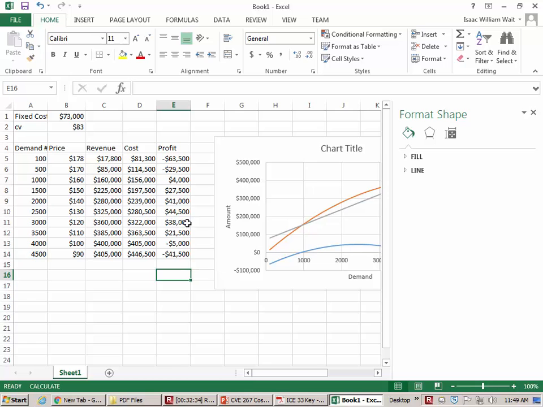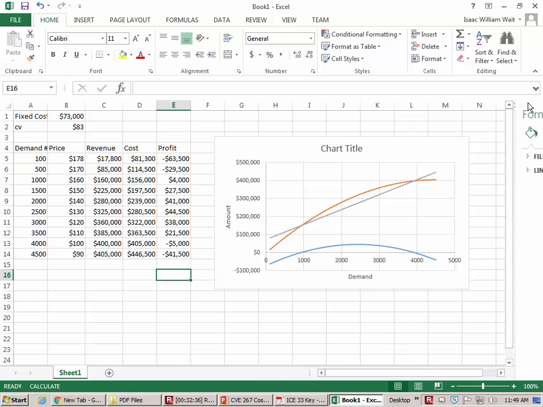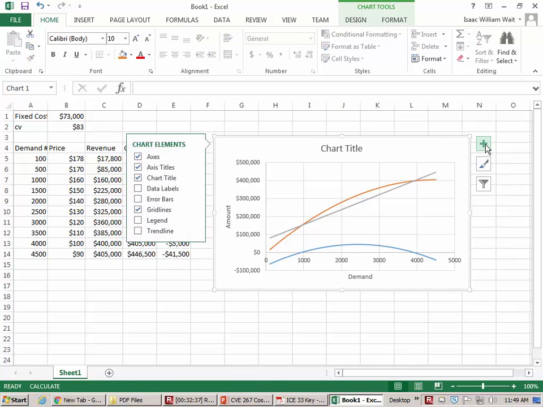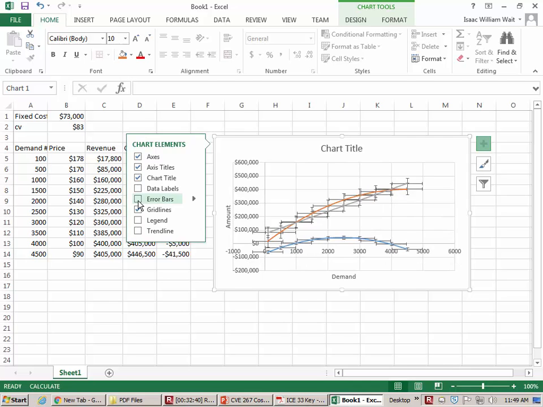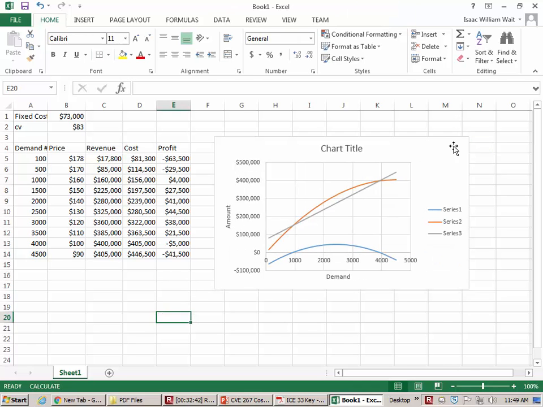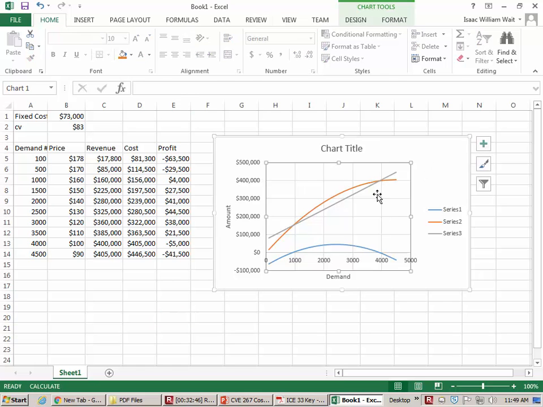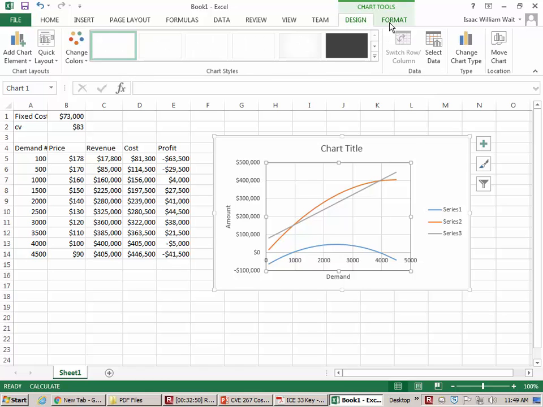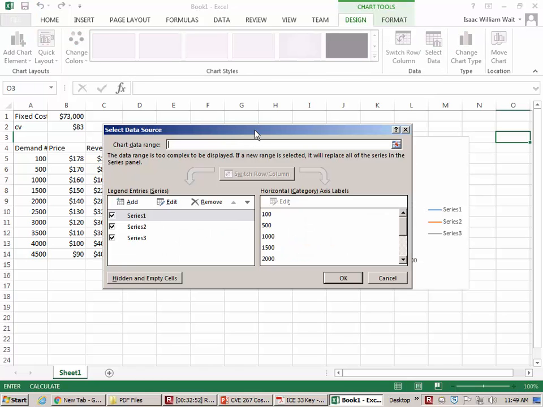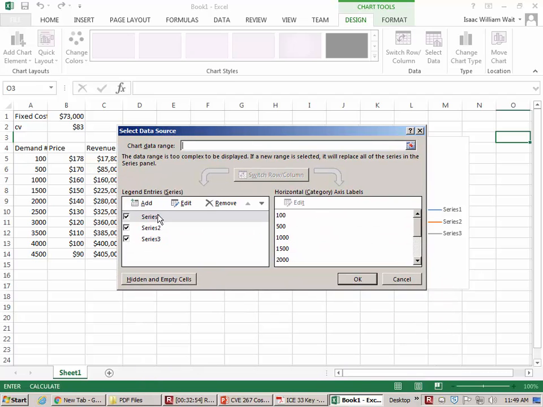And then probably what I ought to have done as well is have a legend, and then change these so that they're not just called series, but I should change them. Let's see, design, select data. Yeah, so series 1 is profit.